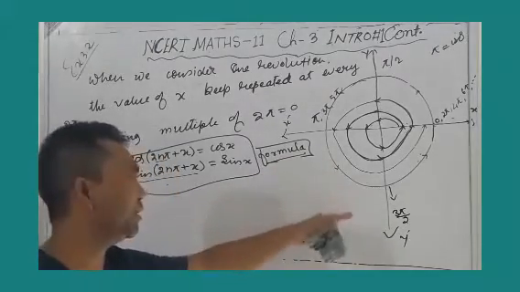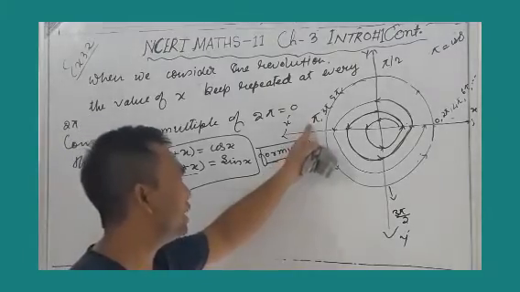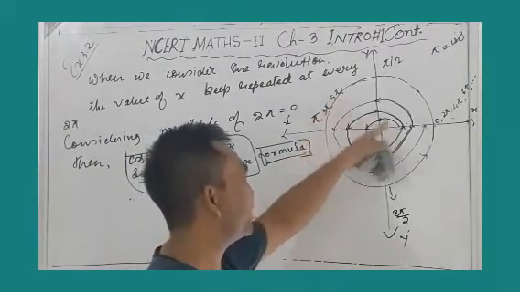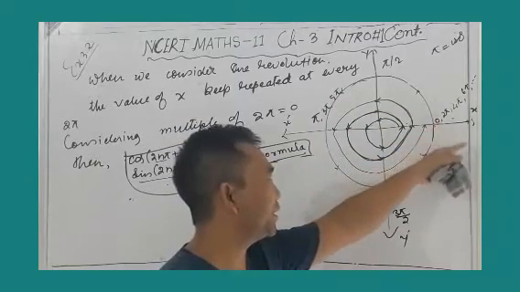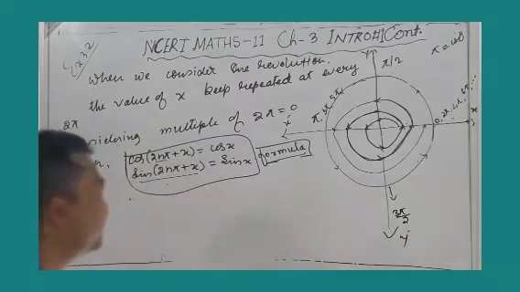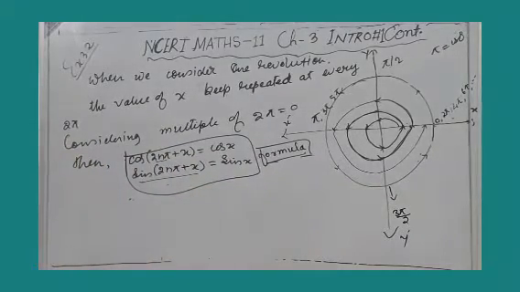So here you will get minus pi, minus 3 pi, minus 5 pi, and minus 2 pi, minus 4 pi, and then minus 6 pi, correct? Before moving on, please pause the video and write it down, please.